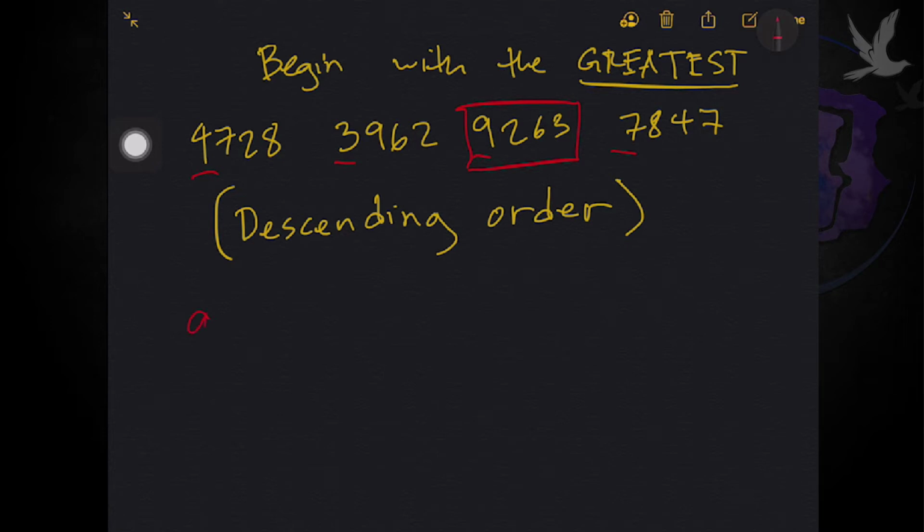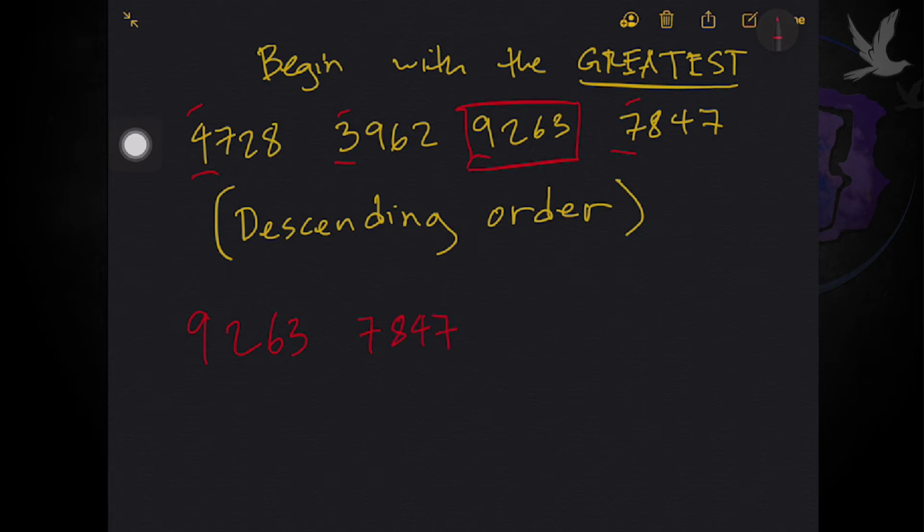So 9 goes first, 9,263. Then all you have to do next is to identify the next greater value. So we now have 4, 3, and 7. Obviously it's 7. 7,847 goes next.